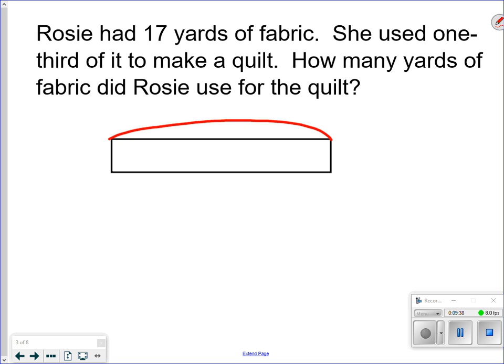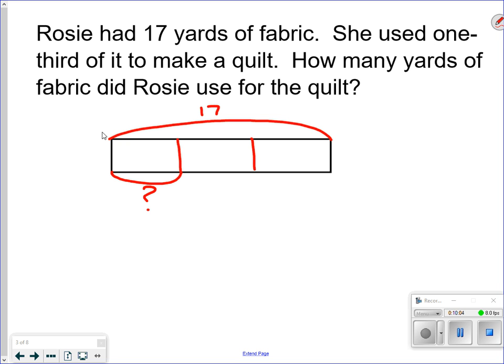Yes, 17. How many pieces? 3 pieces. So she used 1/3 of it, 1 out of the 3. Do we really know what it is yet? No, we have to figure that out.